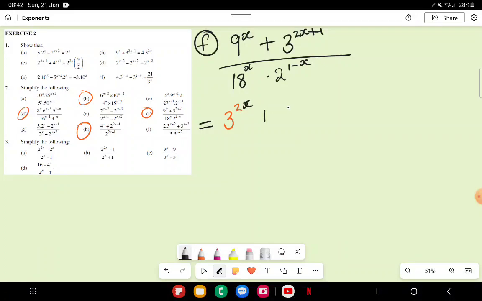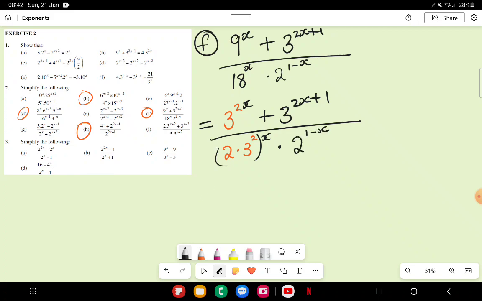3 to the power of 2x plus 3 to the power of 2x plus 1 over 18, which is going to be, 18 is 9 times 2, right? So that is 2 times 9, and 9 is 3 squared. 2 times 9, x multiplied by 2, 1 minus x.